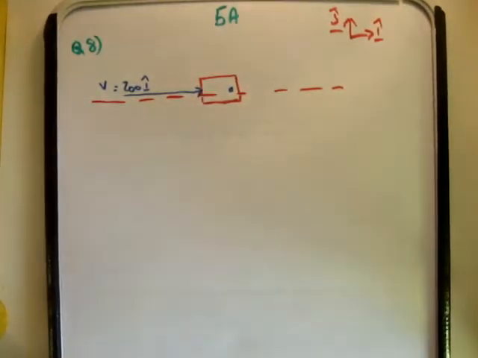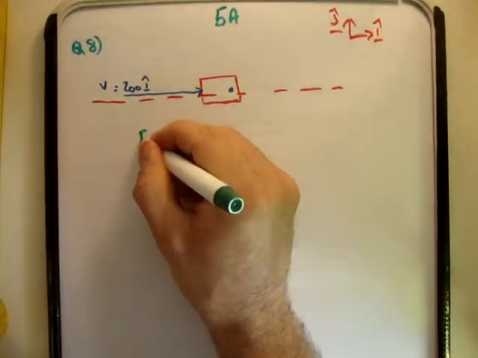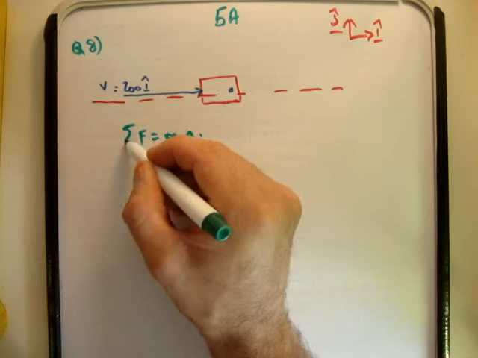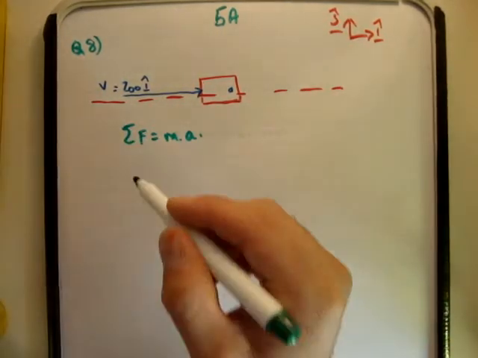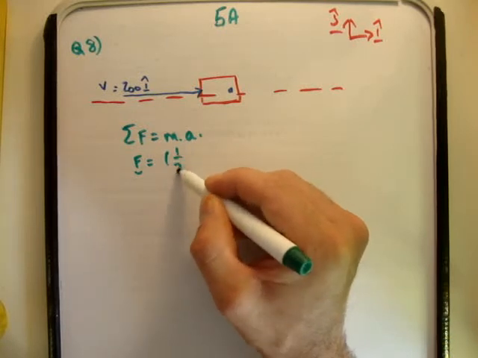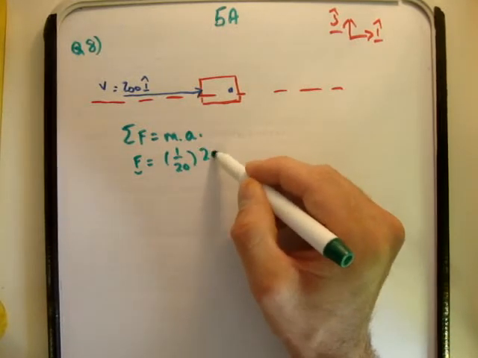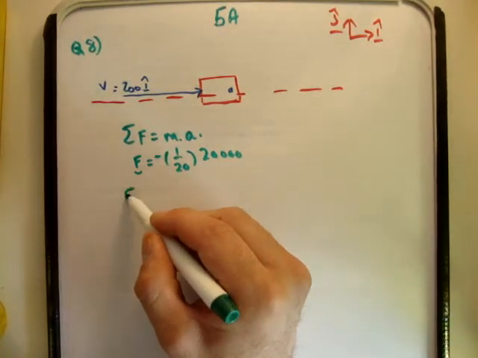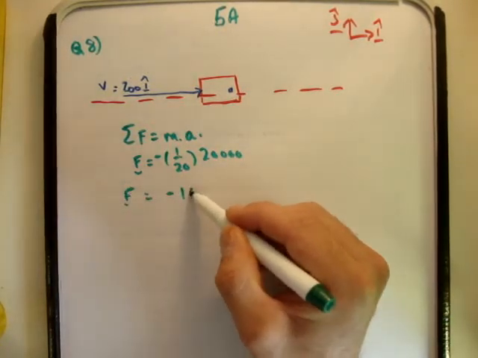Alright, so we know, of course, that from Newton's second law, the force is equal to mass times the acceleration, or the sum of the forces is equal to the mass times the acceleration. So we have here F is equal to 1 over 20 times negative 20,000. So the force is equal to negative 1,000.